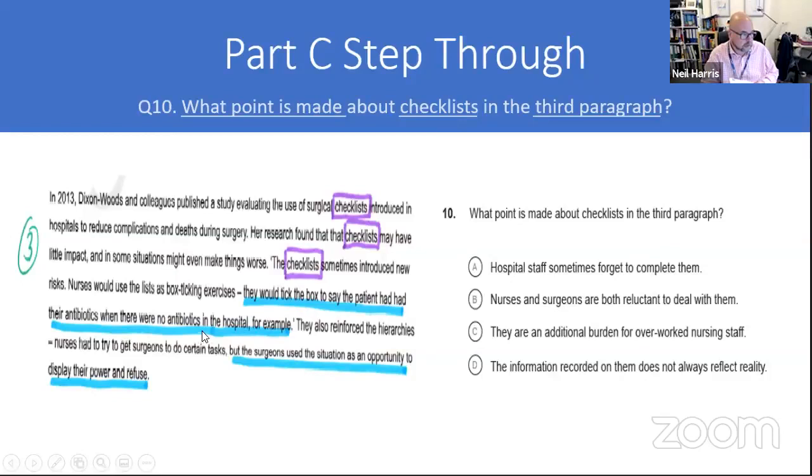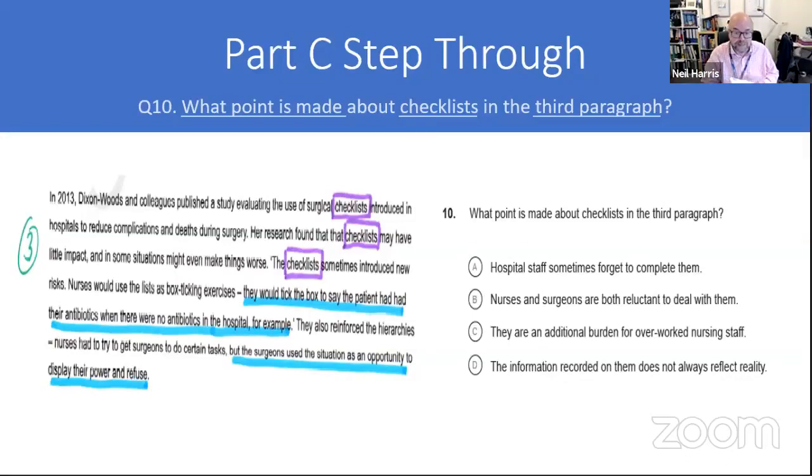Well, we know that nurses tick boxes about giving out drugs that didn't exist. So that's not reflecting reality. And we know that nurses need surgeons to sign things off, but the surgeons refuse. So things don't get ticked correctly. So that's clearly another example. So D seems to be a good fit.